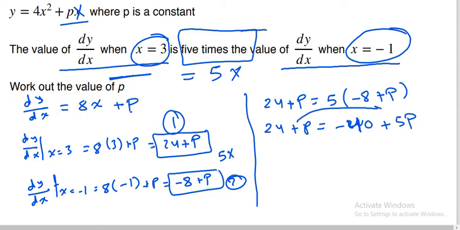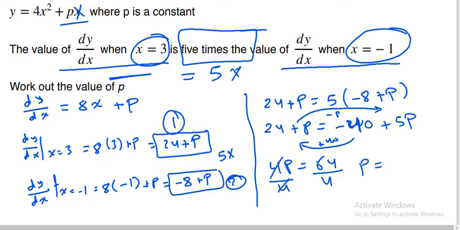We'll move p to this side as negative p and negative 40 to this side as plus 40. So 4p equal 64. Divide by 4, divide by 4, p equal 16. So this is the value of p.